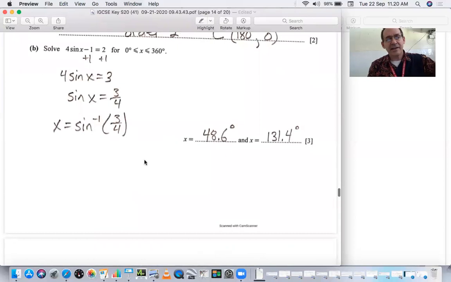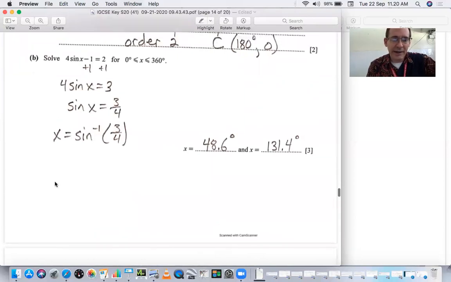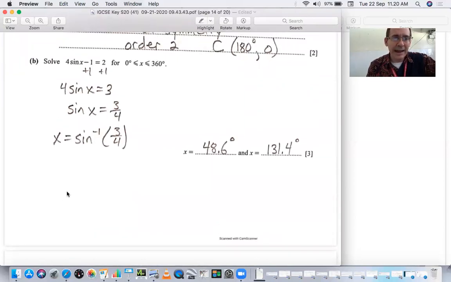So your second quadrant goes all the way up to 180. So we want to go 180 minus the 48.6 to give you a 131.4. So that 131.4, you get that by taking 180 minus the 48.6, and that's because sine is positive, 3/4 is positive in both the first and the second quadrant.